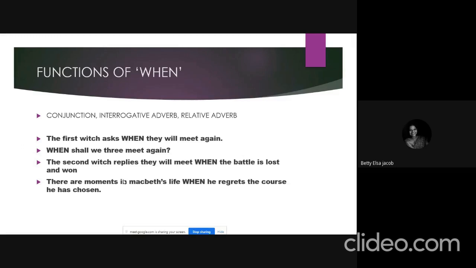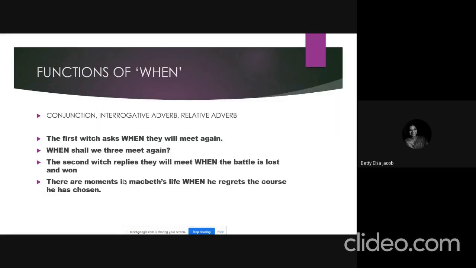There are moments in Macbeth's life when he regrets the course he has chosen. Now, here again, when is not in a question, so it continues to be a relative adverb. So, so many are the functions of the WH question words.